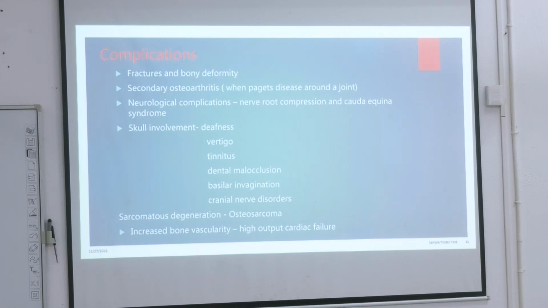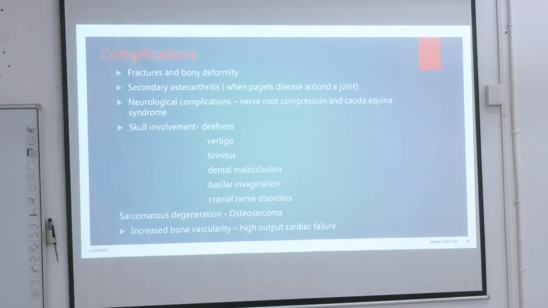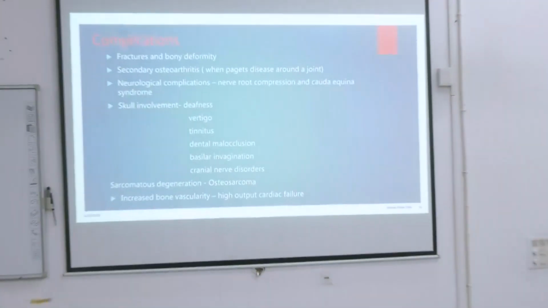Most important, pathological fracture, and secondary osteoarthritis. If the Paget disease occurs around the joint, the involved bones may show features of degeneration and eventually osteoarthritis occurs. Okay, so the first and most common complication is fracture, due to weakening of bone, and bony deformity due to narrowing of the medulla and widening of the cortex.